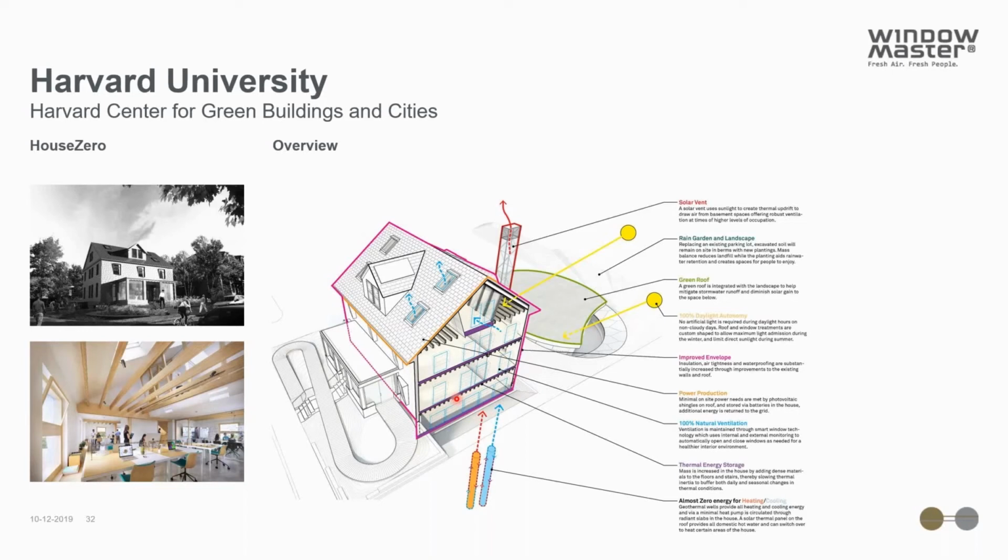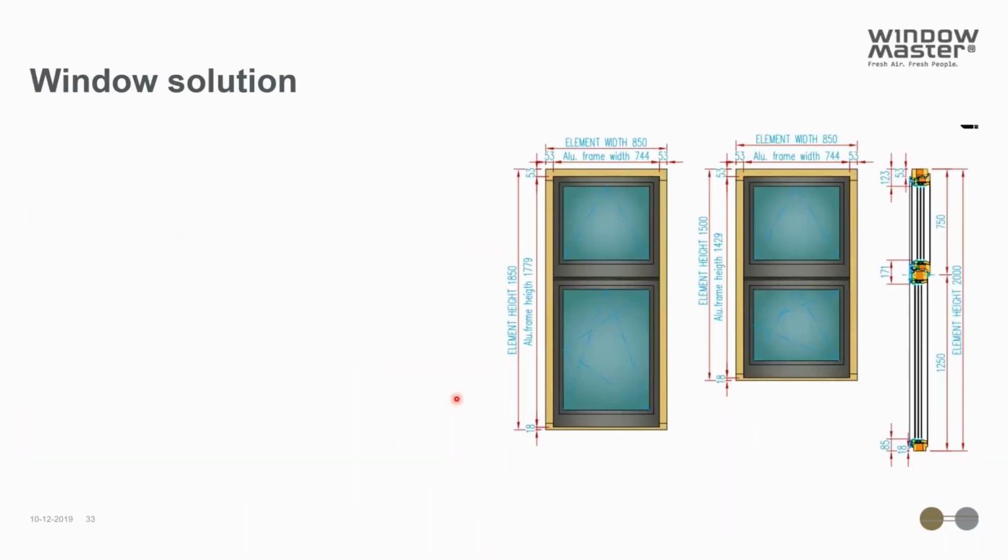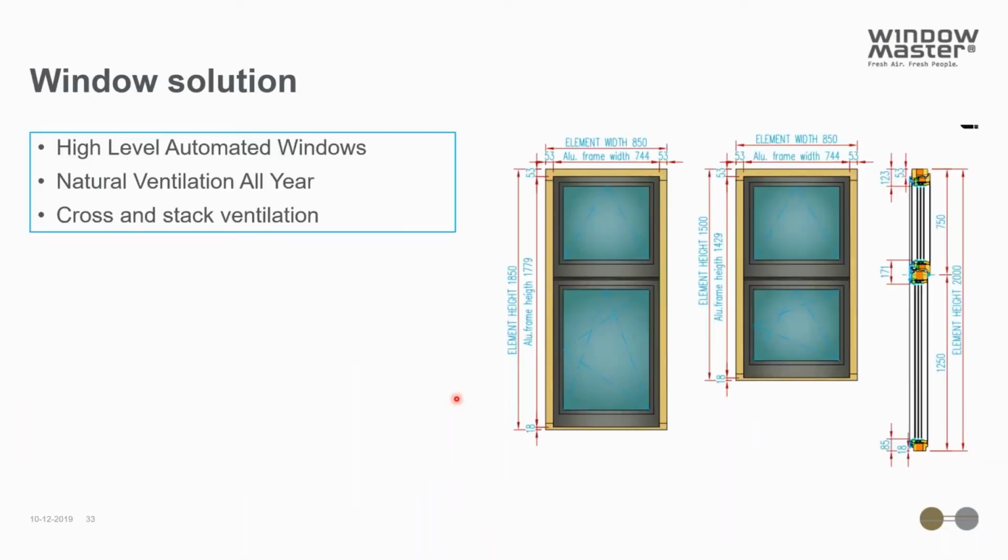But in terms of the ventilation design with natural ventilation, if you compare it to PNC Tower, it's maybe a bit more conventional, where you have high-level automated windows, which are used for natural ventilation all year. So you can say the strategy is more conventional, but they use natural ventilation throughout the whole year, which is pretty impressive in Boston.